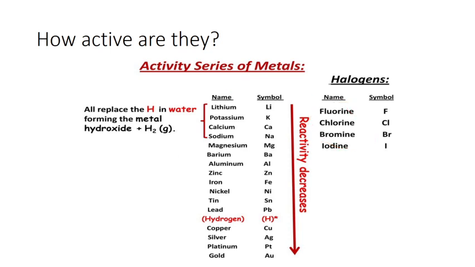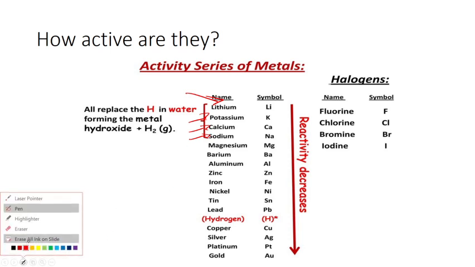And so on the positive side, right, we've got stuff that's really reactive like lithium, potassium, calcium, sodium, right? You probably know all of those. They're up in the upper left-hand corner, and they react pretty well.